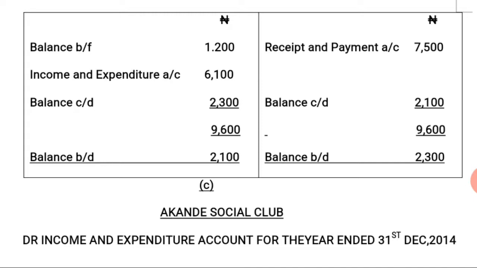That 6,100 naira is the total value of the subscription made for the year 2014, and it is going to be credited to our income and expenditure account.